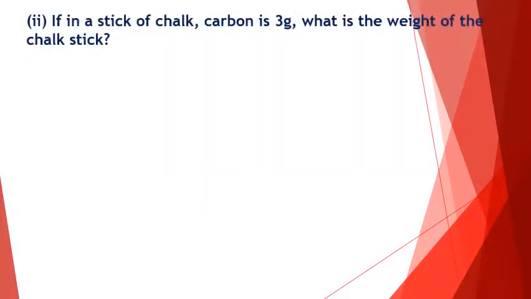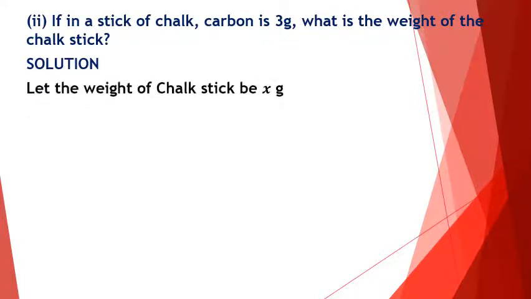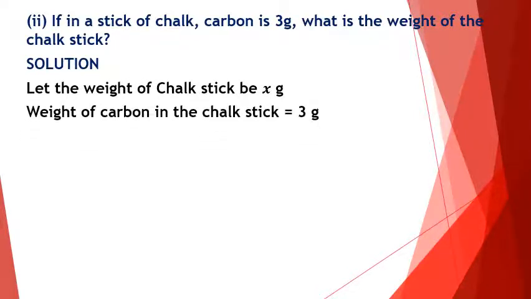Now the second part of that question. If in a stick of chalk carbon is 3 gram, what is the weight of the chalk stick? Here it is given that the carbon in the chalk stick is 3 gram. We don't know the weight of the chalk stick, so we can take the weight of the chalk stick to be x gram.